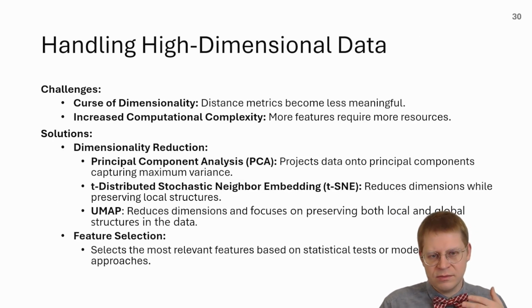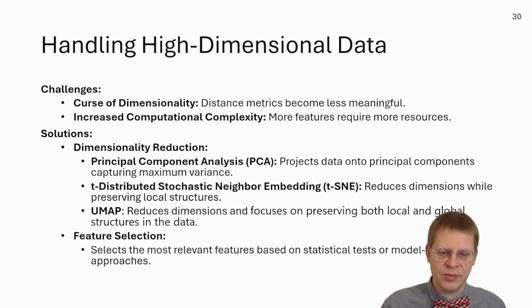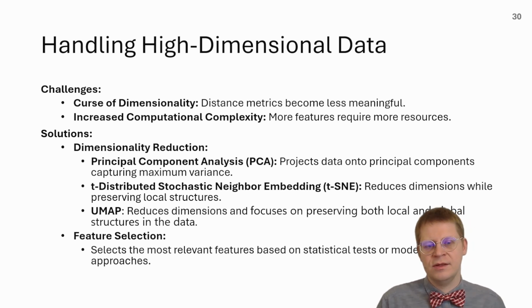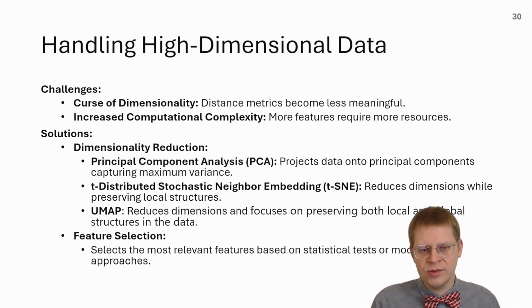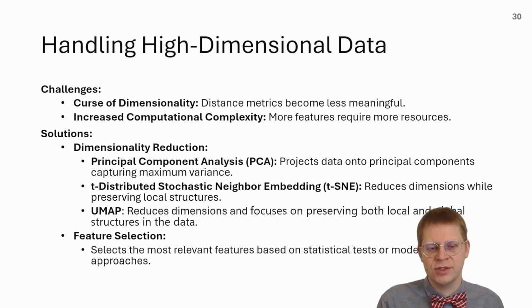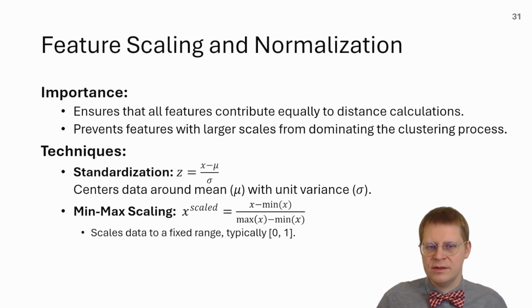If you need to handle high-dimensional data, keep in mind the curse of dimensionality and the increased computational complexity for the clustering. If you have to reduce dimensionality, use PCA, t-SNE, UMAP, or use feature selection. These techniques not only improve computational efficiency, but also enhance clustering performance by mitigating the challenges of high-dimensional data.